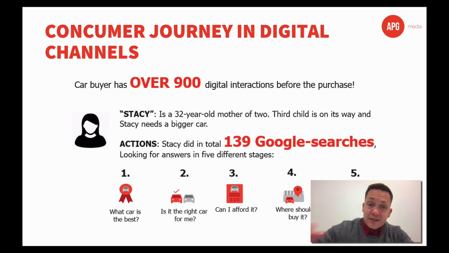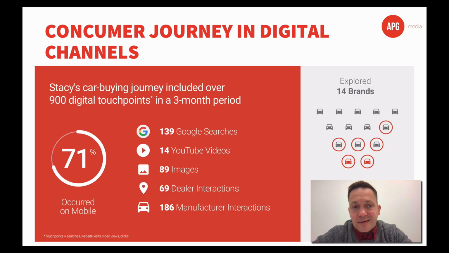But anyway, the consumer journey: the car buyer really does a lot of digital interactions before the purchase. So this is interesting, right? Here we have the same Stacy, and she did 139 Google searches, 14 YouTube videos, 89 images, 69 dealer interactions, and 186 manufacturer interactions.